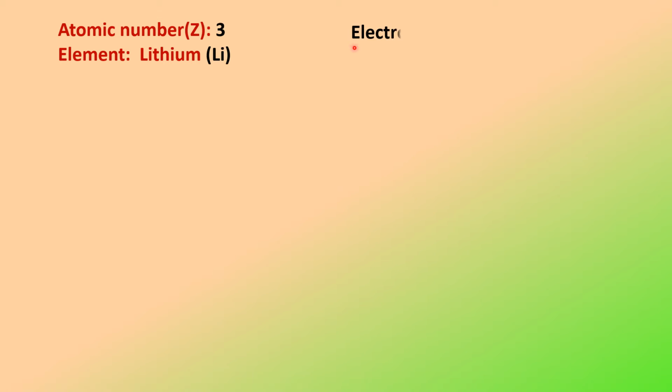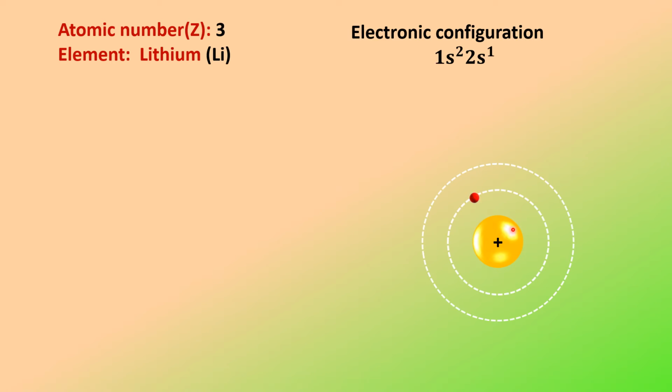Let us write the dot structure for the third element. The third element is lithium. Its atomic number is 3. The electronic configuration for lithium is 1s2, 2s1. So lithium has 2 shells. This is the lithium nucleus, and these are the 2 shells.